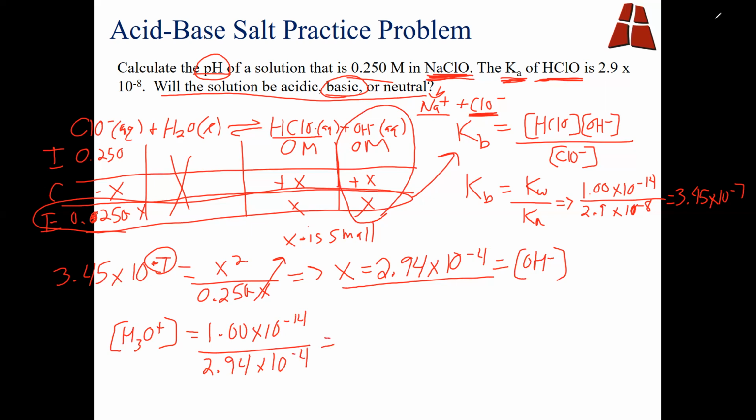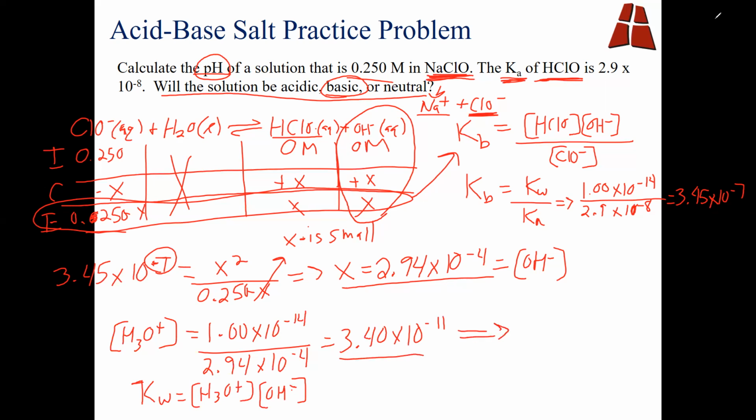And I got a concentration of hydronium then of 3.40 times 10 to the negative 11th. Just a reminder of what I did here is that Kw is also equal to our concentration of hydronium, H3O plus, times our concentration of hydroxide. I just rearranged that equation and solved for hydronium there. And so this value is equal to H3O plus.